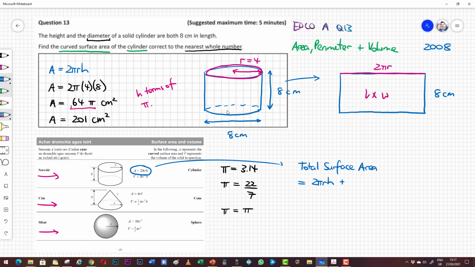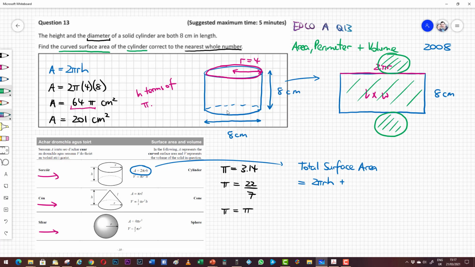If you think of painting a cylindrical can, we would paint the curved surface area, this piece here, but if we complete the net here, we would have a circle on the top and a circle on the bottom, and those would also have to be painted if we were finding the total surface area.